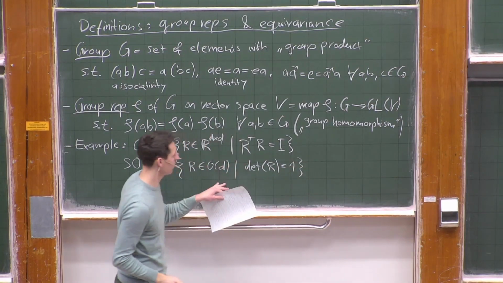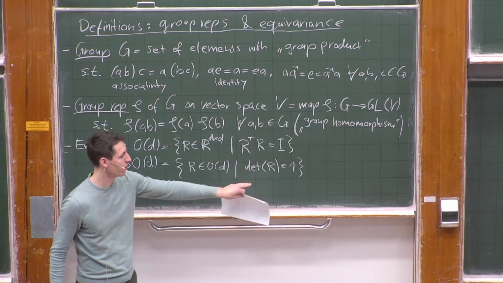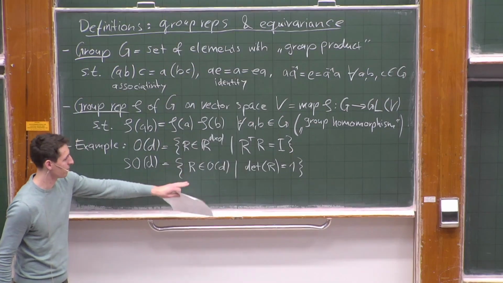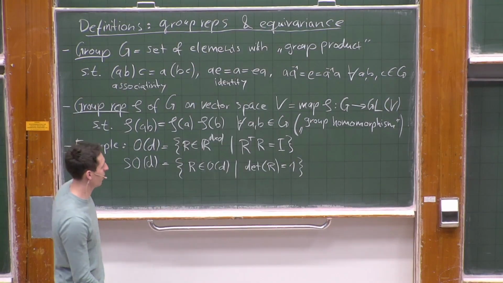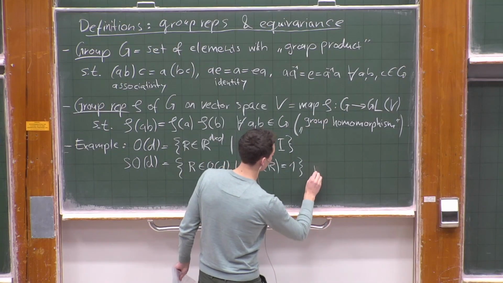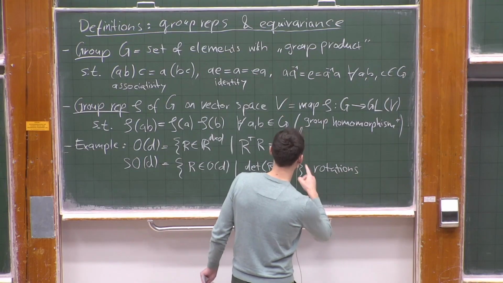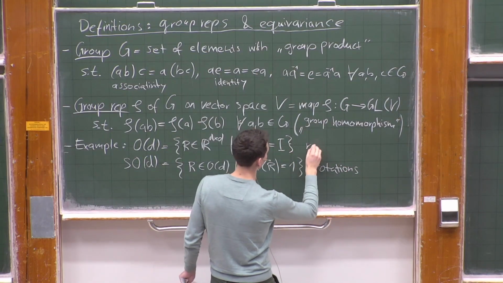This constraint that the determinants are 1 means that these matrices should be orientation preserving, and this is the group of rotations. And this here is rotations and reflections.